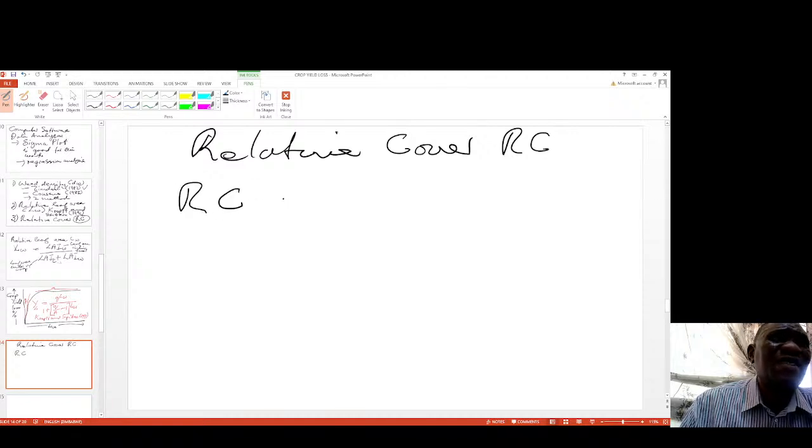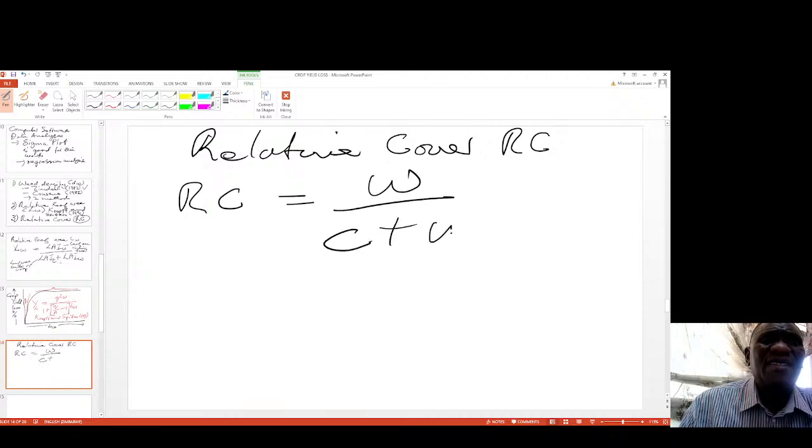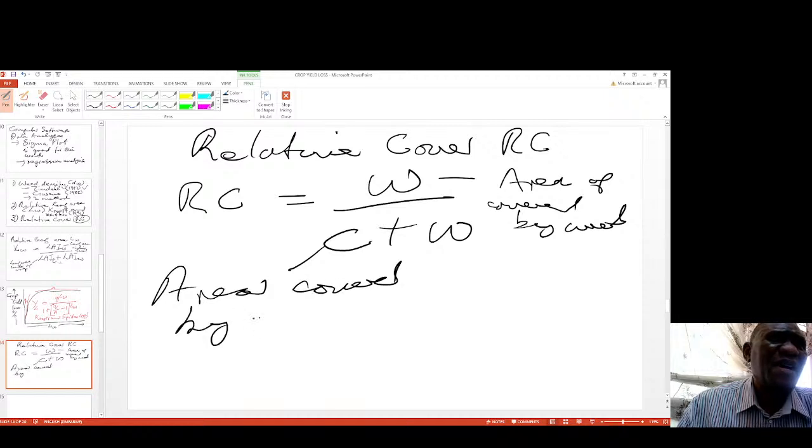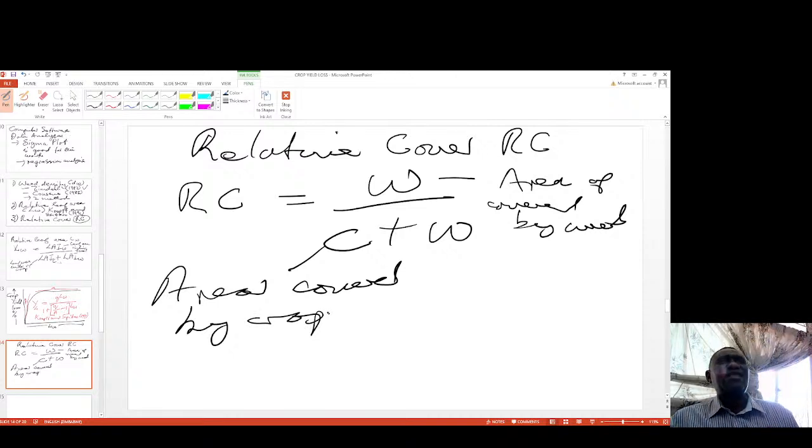So RC was defined as W over C plus W. This is the area covered by weeds, by the area covered by crop. So let us draw a graph using this parameter to substitute for weed density or for relative leaf area.